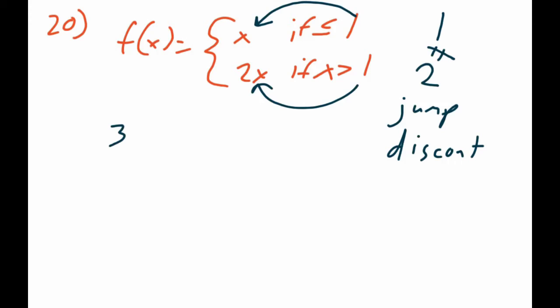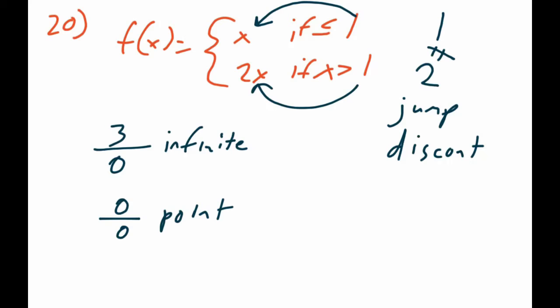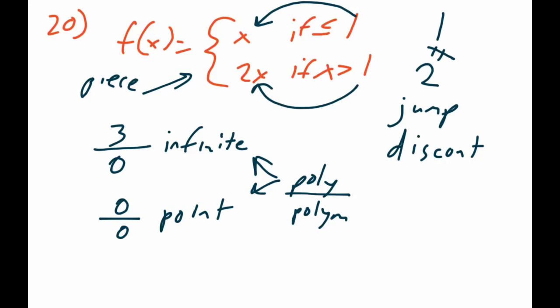Remember, if we get 3 divided by 0, this would be an infinite. And if we got 0 over 0, we'd have to check our graph, but normally this is our point discontinuity. And these are for when we have a polynomial divided by a polynomial. And this right here is not, this is the piecewise.